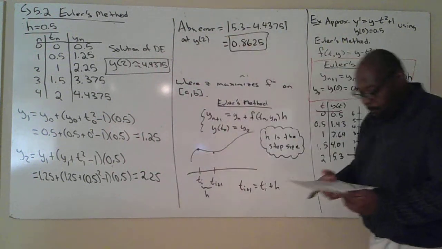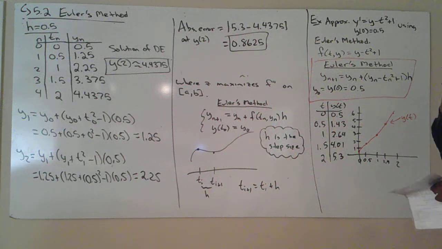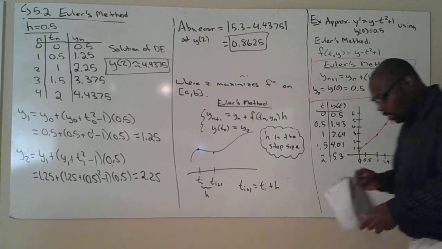I can get a better approximation by letting h become smaller. So the smaller I make the value of h, the better my approximation becomes.